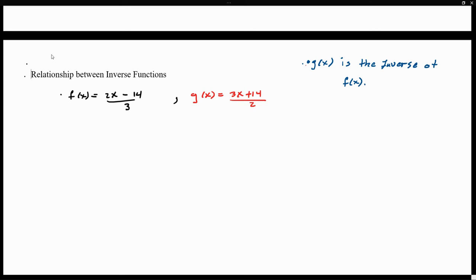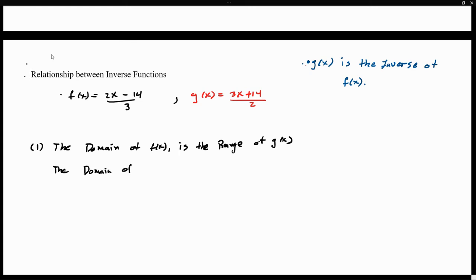So the first big relationship, or actually a property that we do have here, is that the domain of f of x is the range of g of x, and the opposite, the domain of g of x is actually the range of f of x. So what do we mean by this?